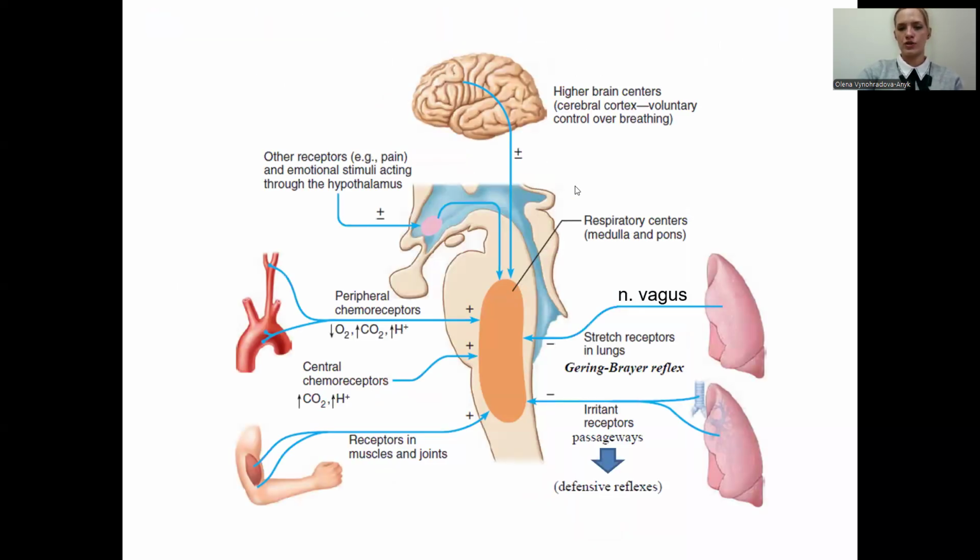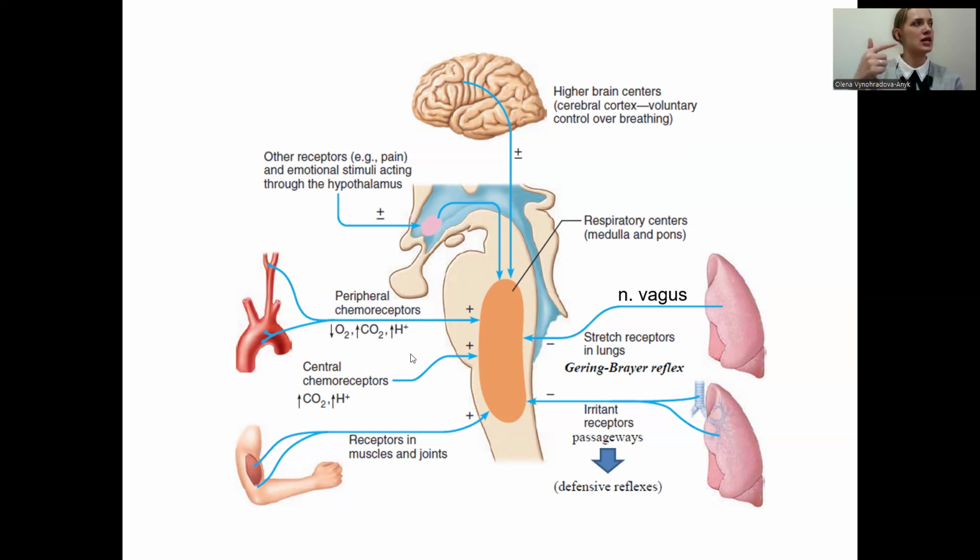Mechanism of regulation: the main factors which influence our respiration. Let's look at what we have here. The main factors are peripheral chemoreceptors and central chemoreceptors.